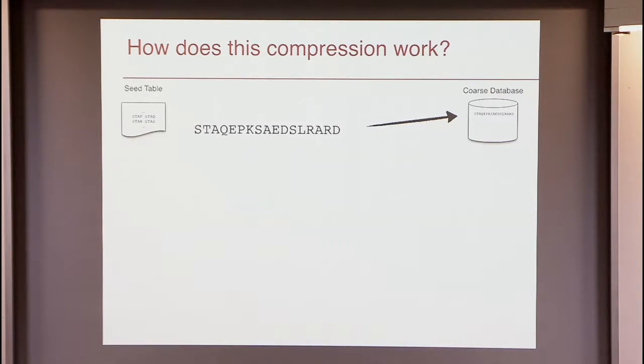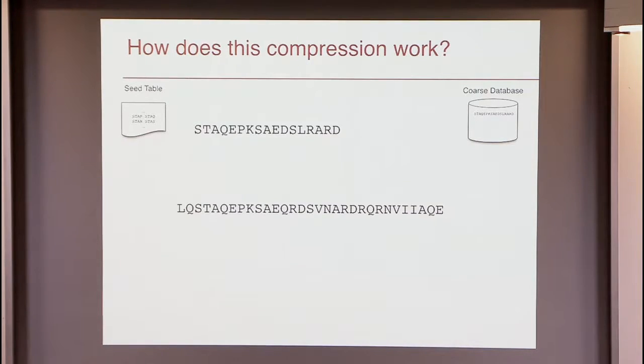We wouldn't actually use 4 necessarily. We use 6 for an amino acid alphabet, and more like 10 or 12 for a nucleotide alphabet. But we initialize a complete seed table with every k-mer we see in here, and the seed table contains pointers back to the location of the k-mer.